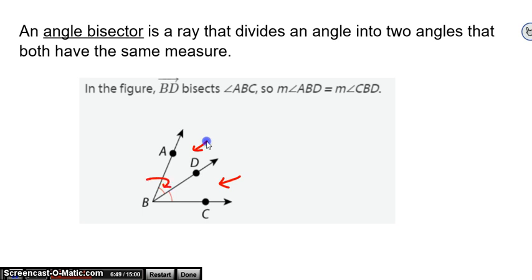Since these angles both have one mark, they are described as being congruent. If they were different, we would mark one of them with a second set, but they're not. They're exactly the same, because BD bisects that angle.